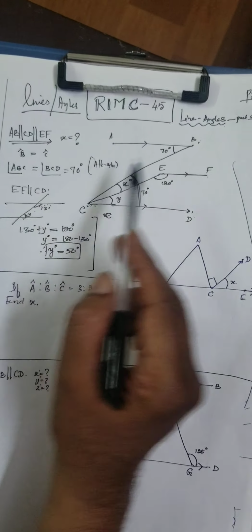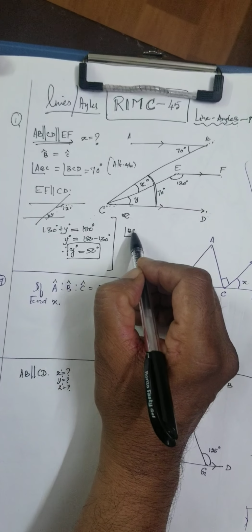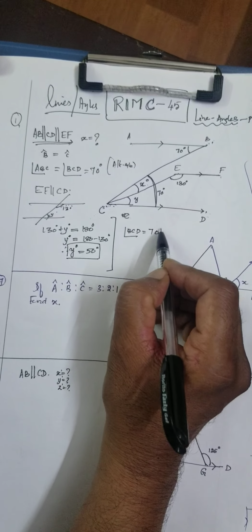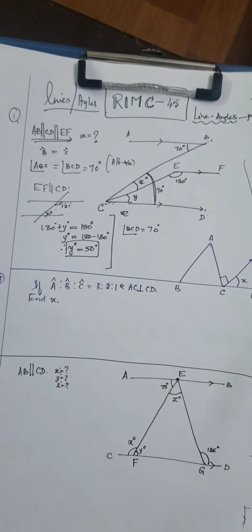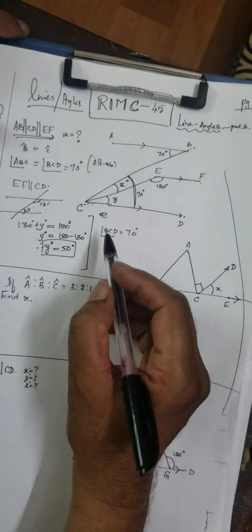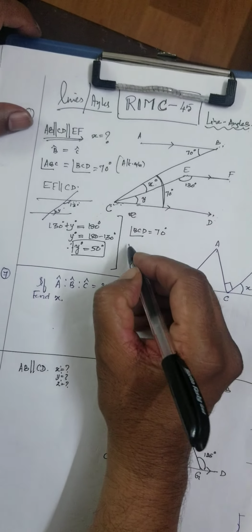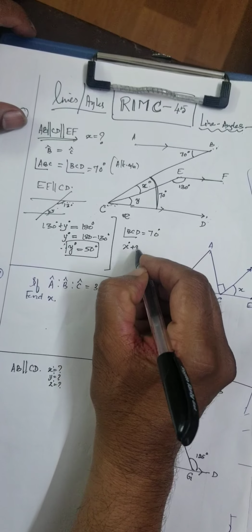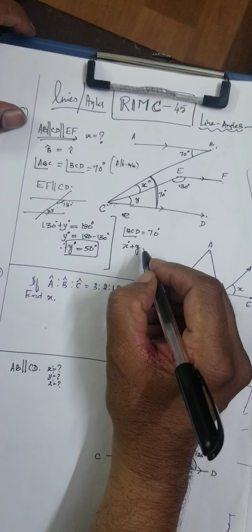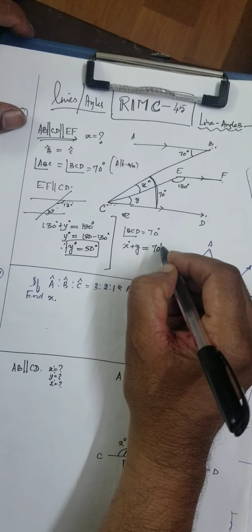Now angle BCD is equal to 70 degrees. That is X degrees plus Y. X plus Y is equal to 70 degrees.